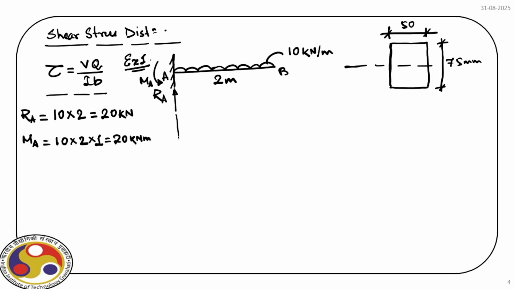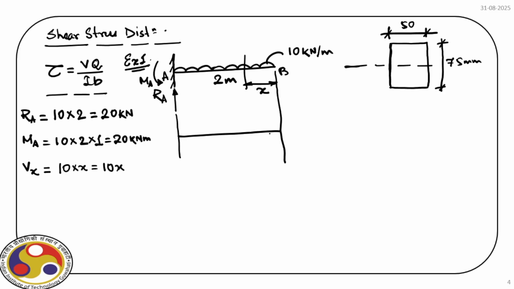Now, let us draw the shear force diagram, and for that again, we take a section at a distance x from the end B. So Vx, that is the shear force at x, is equal to 10, that is the intensity of the UDL, times the load length x, so it is 10x.